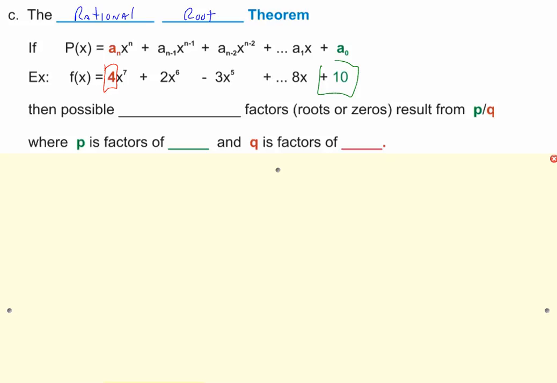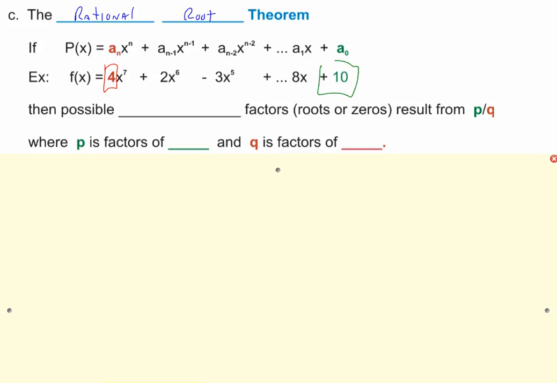And it's from this that we're going to be able to figure out what binomial factors to try. Because in real life, they're not going to say, is x minus 1 a factor of blah, blah, blah, blah. They're just going to give us blah, blah, blah, blah, and we have to figure out what factors to try. That's where we're heading.